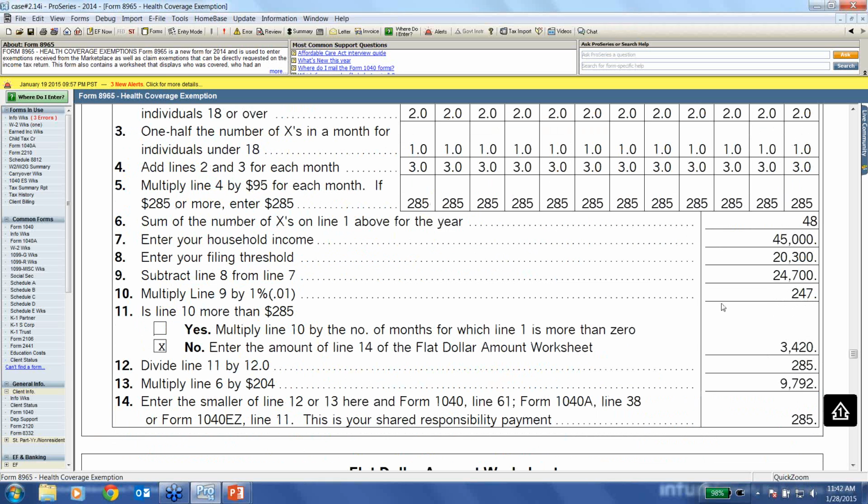Again, what they're doing is they're grossing up the penalty for each month that there was no coverage or exemptions, and then we divide by 12. So we get $3,420 divided by 12 on line 12, and we're left with the $285. It's going to be underneath the cap for the national average for a bronze plan, and so our grand total penalty is the $285.